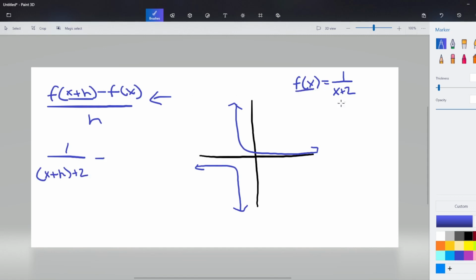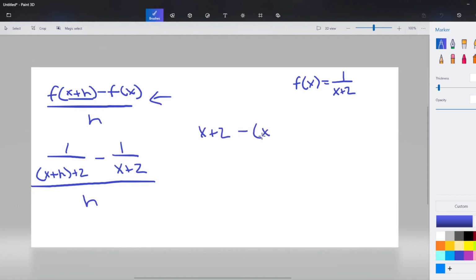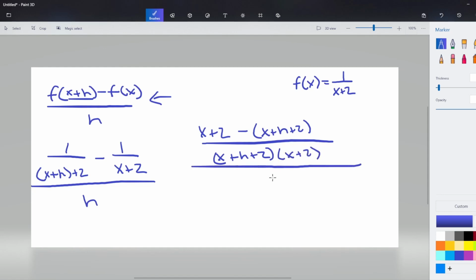Well, we know f of x is just this. So it'll be minus 1 over x plus 2 all over h. Combining the fractions, we get x plus 2 minus x plus h plus 2 all over x plus h plus 2 times x plus 2, and all of that over h.